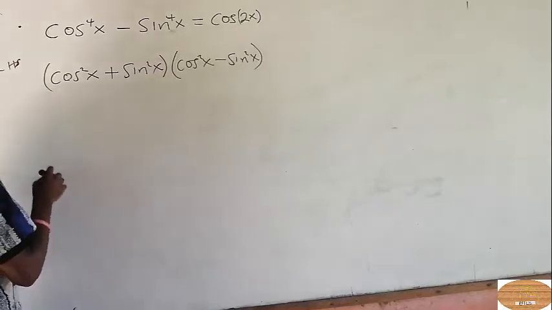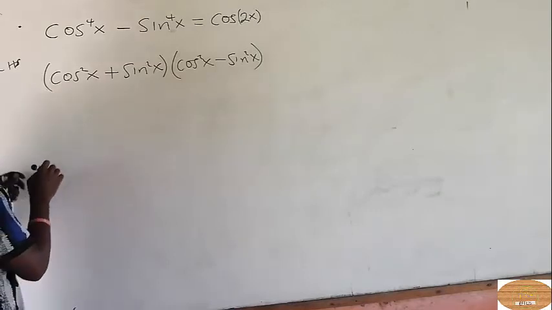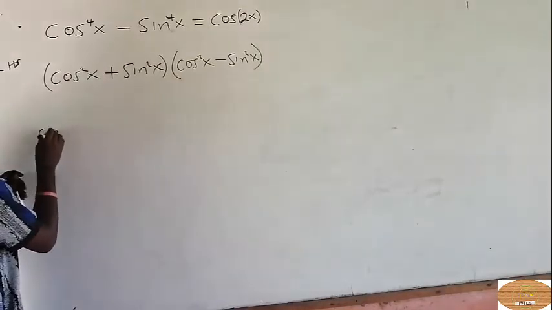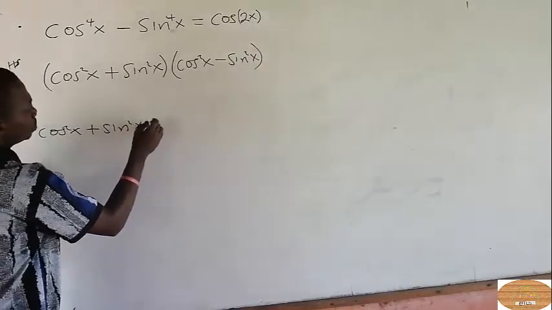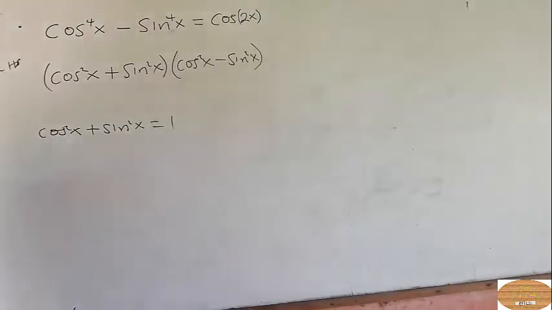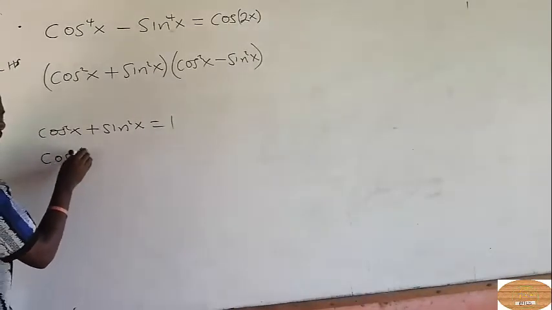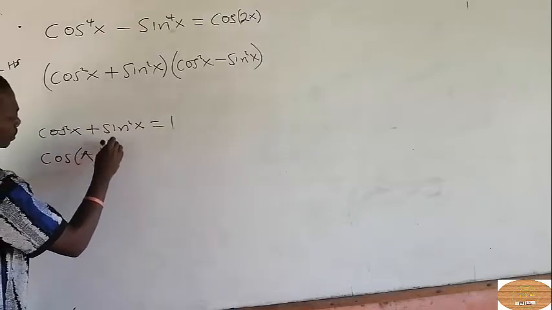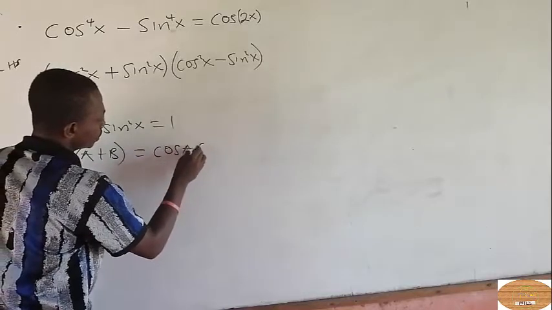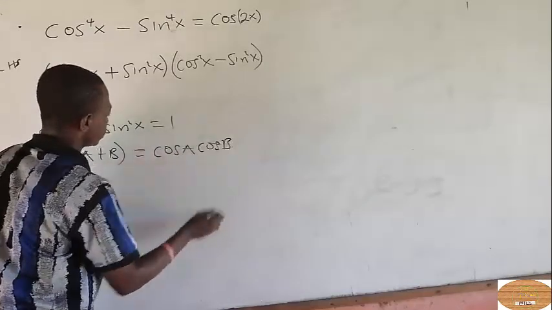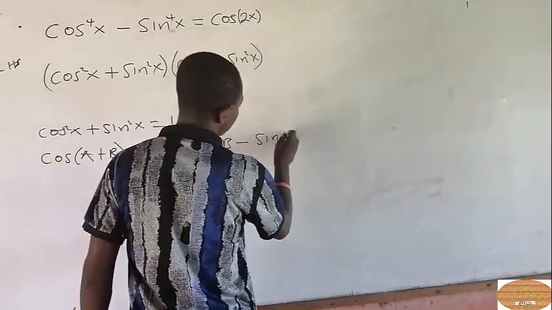Alright. Now, we know from our basic trick that cos squared x plus sine squared x is equal to 1. Now I also know that cos(a plus b) is the same as cos a cos b minus sine a sine b.